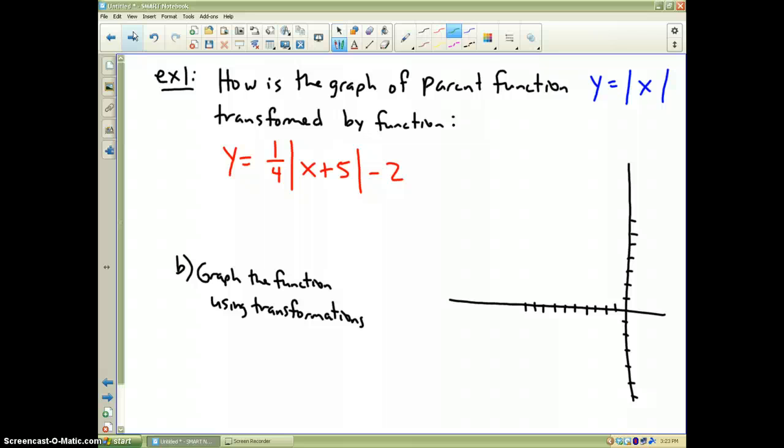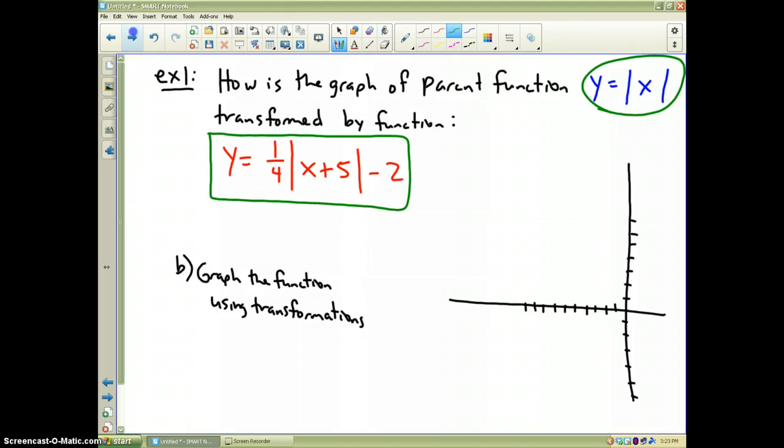Okay, example 1. How is the graph of the parent function y equals |x|, this is the parent function, transformed by the equation in the green box? Well, very simply, if you notice, our h value is equal to -5, and the k value is equal to -2.